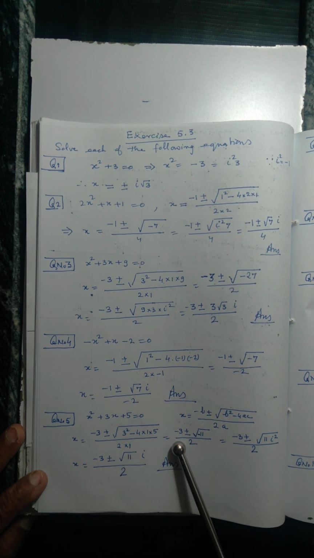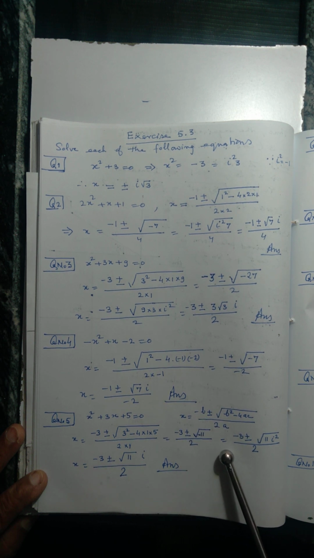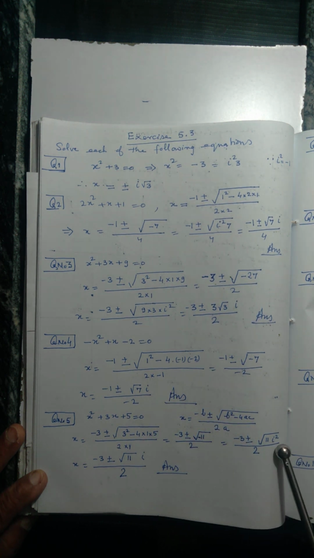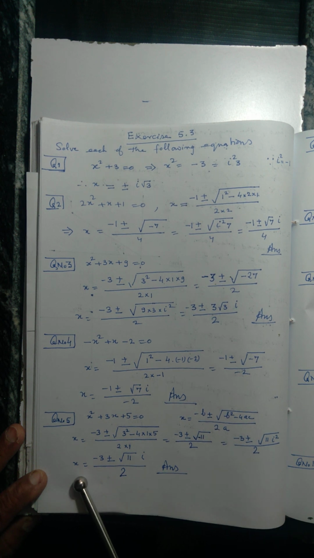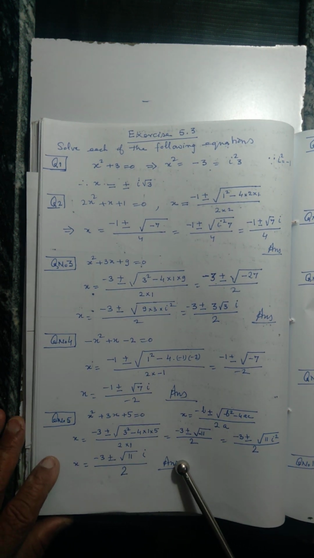Further solve it, you will get minus 3 plus minus root of minus 11 by 2, and it will be equal to minus 3 plus minus root of 11 into iota square, whole divided by 2. X is equal to minus 3 plus minus root 11 iota by 2. This will be the answer of question number 5.